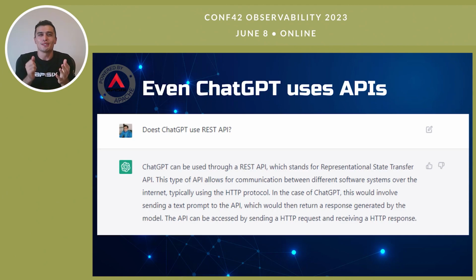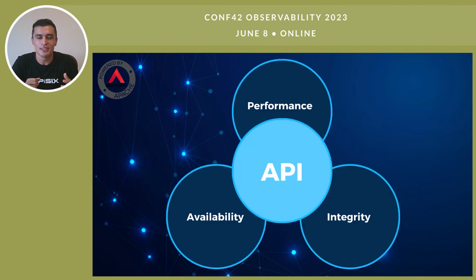Also, the success of your services depends on the integrity, availability, and performance of your APIs. One of the tactics we usually apply to retain all three concerns on this slide is continuously monitoring our APIs, right?